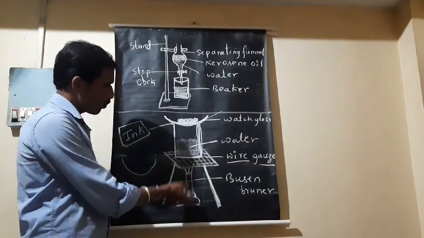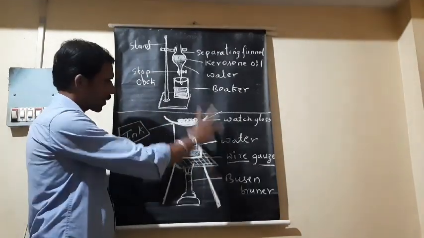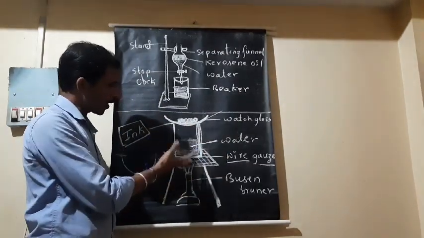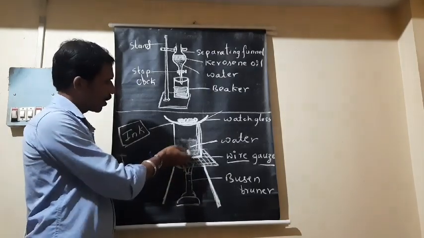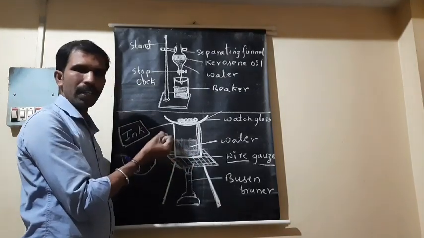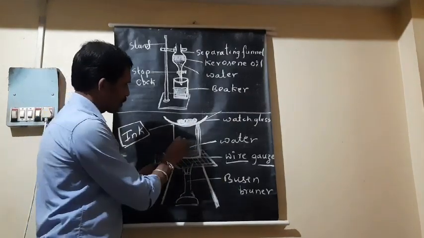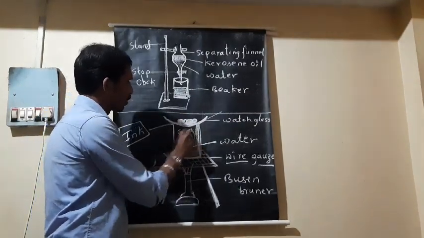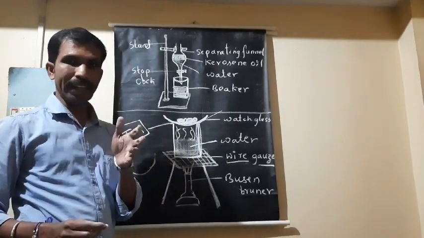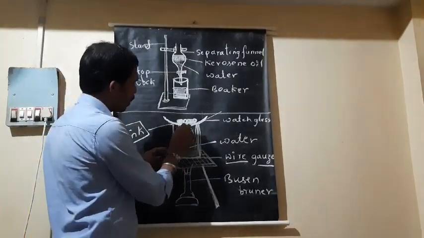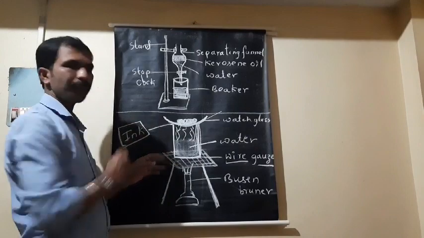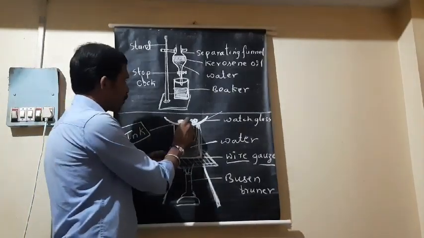After setting up this apparatus, we should provide the heat. When you provide the heat, the water starts absorbing the heat and vapors start being produced from the water. This vapor will have certain heat. That heat will be absorbed by the ink. So what happens here?